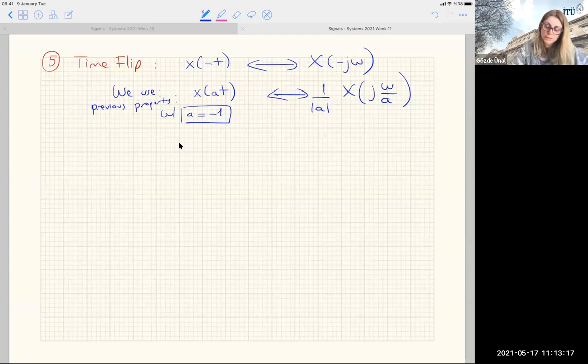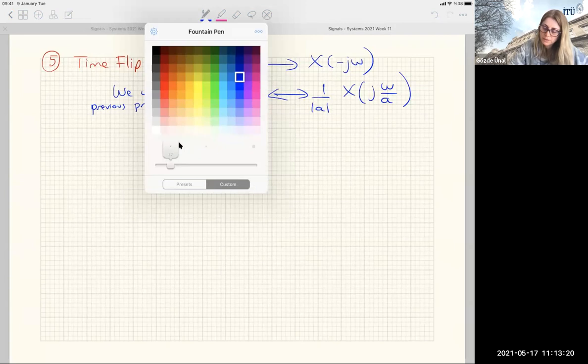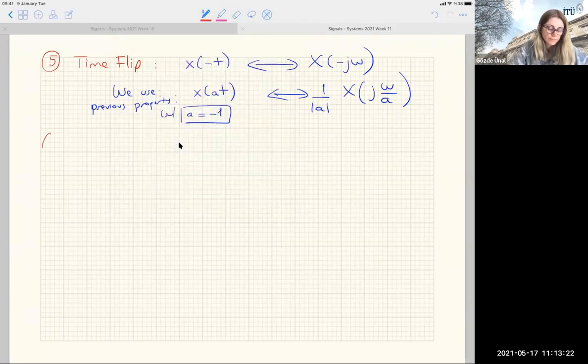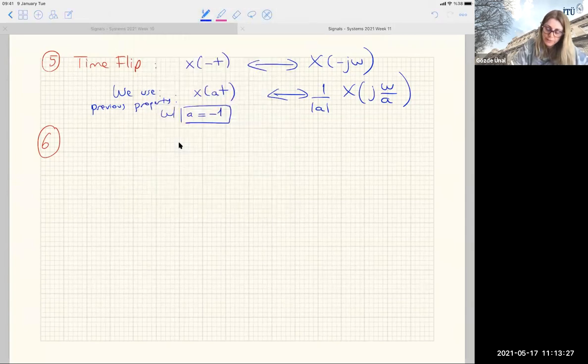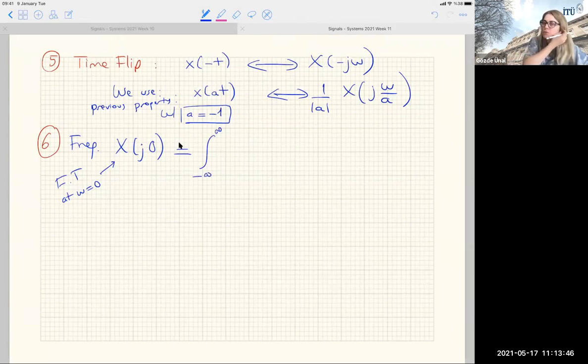We can also calculate, in the frequency domain, for instance, the Fourier transform value at 0 frequency. We just apply the definition of the Fourier transform here. Just do the math: the integral of x(t) e^(-j omega t) dt.